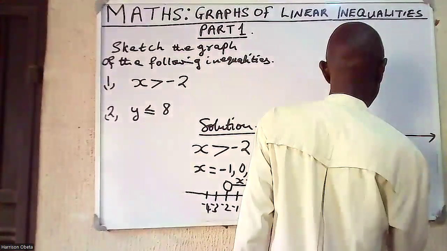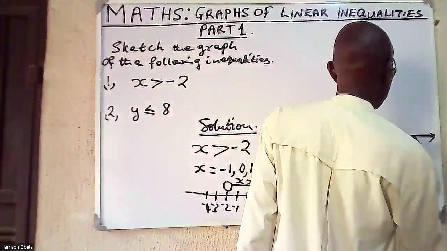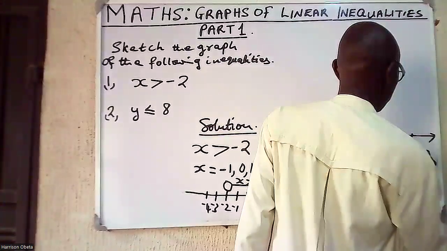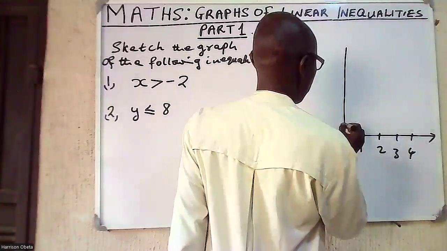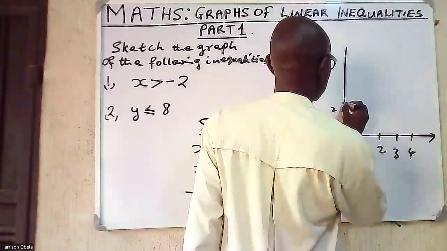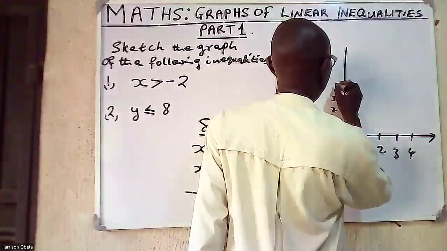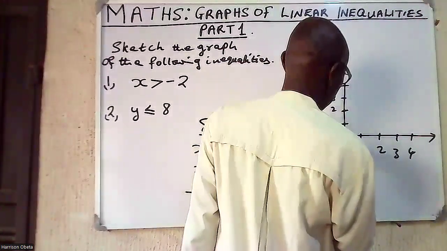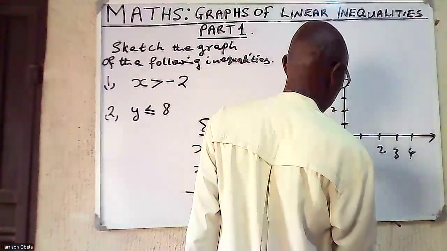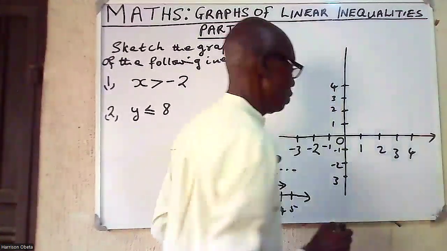Then this is 1, 2, 3, 4, and so on. Then for here you have 1, 2, 3, 4, and so on. This one -1, -2, -3, and so on.